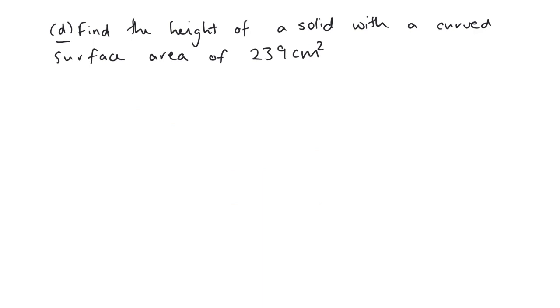And the last part of the question then, find the height of the solid with a curved surface area of 239 centimeters squared. So remember, our formula was a equals 4.5 times h to the power of 1.25. So when a is 239, put that in.